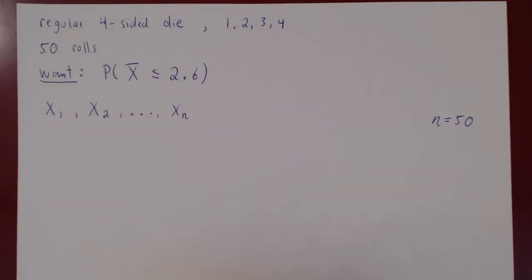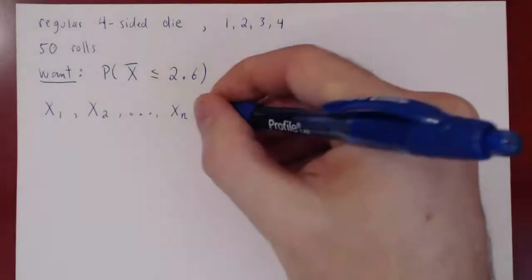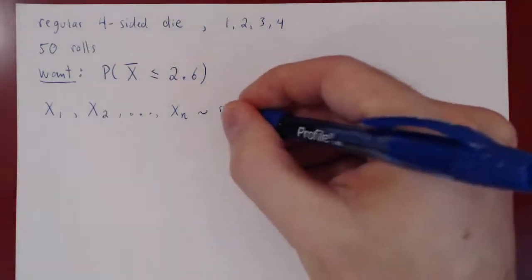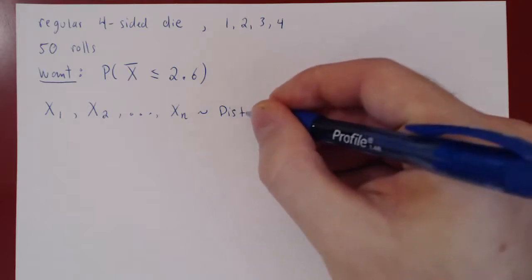And now, well, what distribution do the x's follow? x1, x2 up to xn, they are independent. Every roll is independent of the other rolls, and they follow a given distribution. Well, right now we don't really know what that distribution is, so we'll just say it follows some distribution.